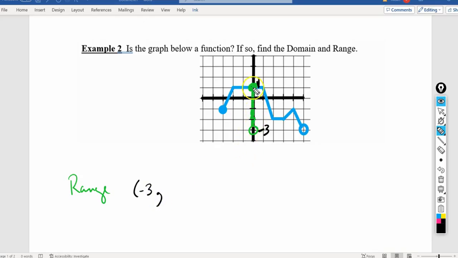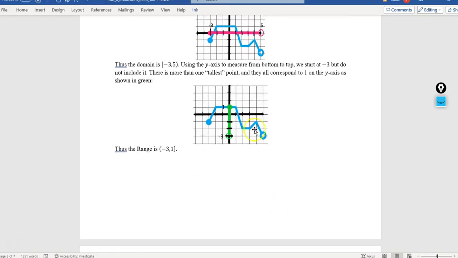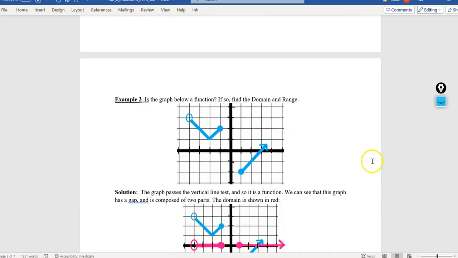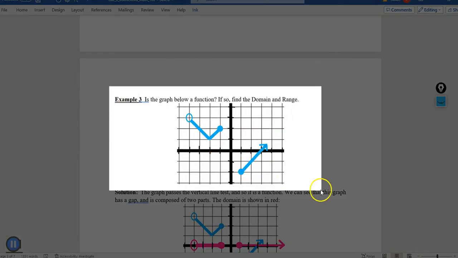Then move up to and end at +1, and 1 is included. So again, we can go back to here, and this shows how we got the range. Okay, so let's do another example. Let's find the domain and range of this one.